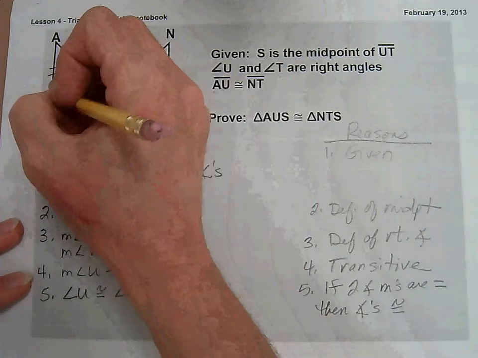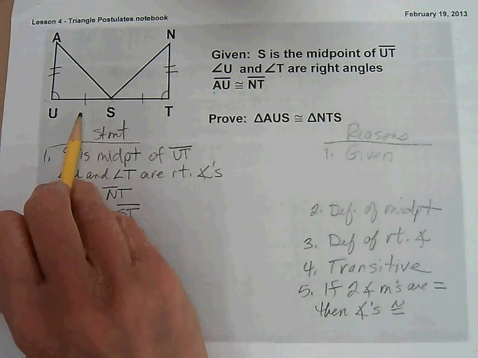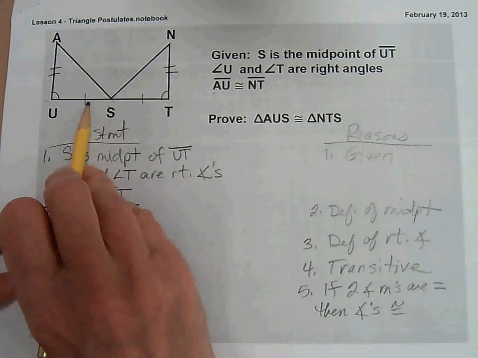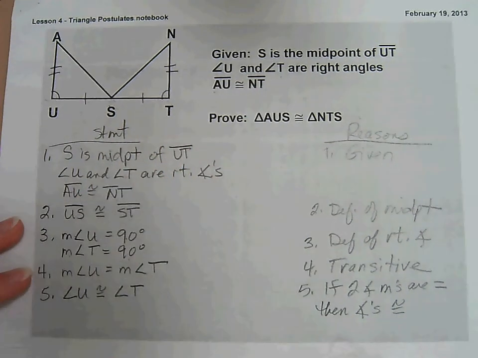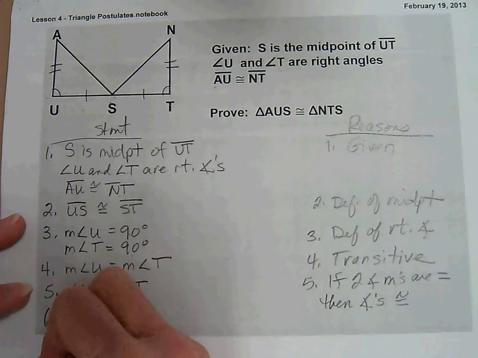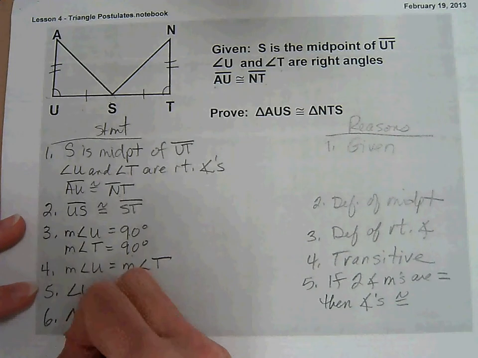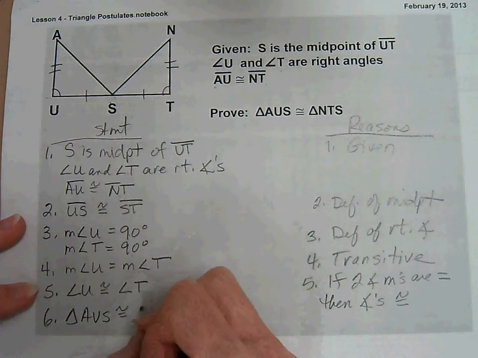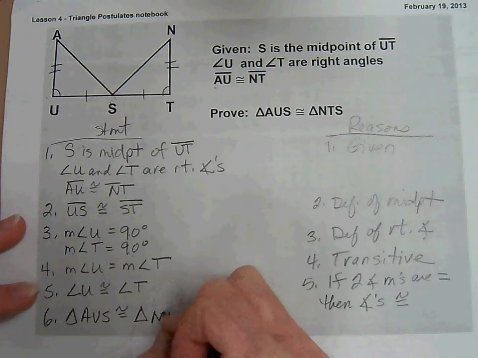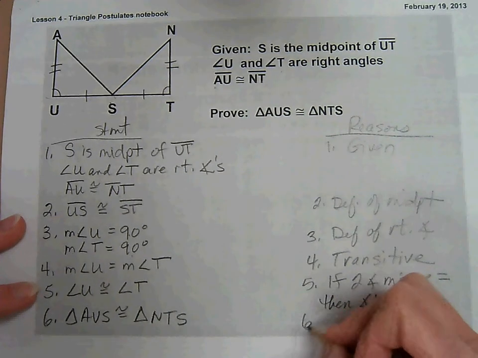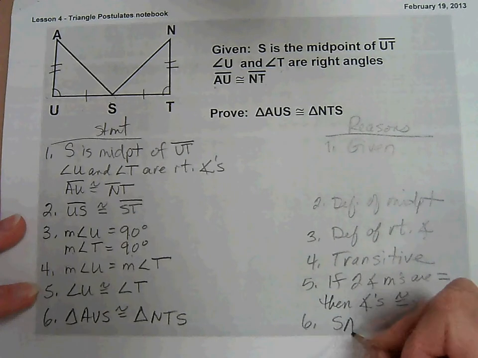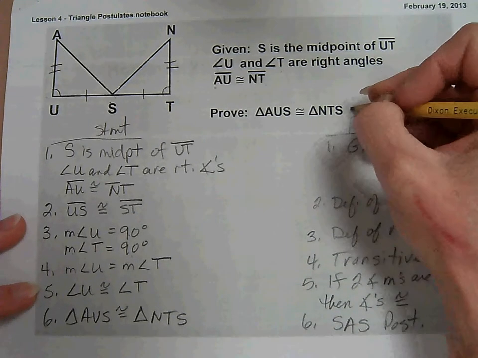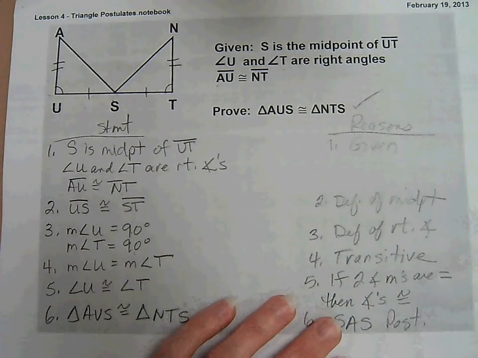Okay, so let's mark that. Now if you look up here, we have side, angle, side. So we can now say that triangle AUS is congruent to triangle NTS by the side, angle, side postulate. So we have proven what we want.